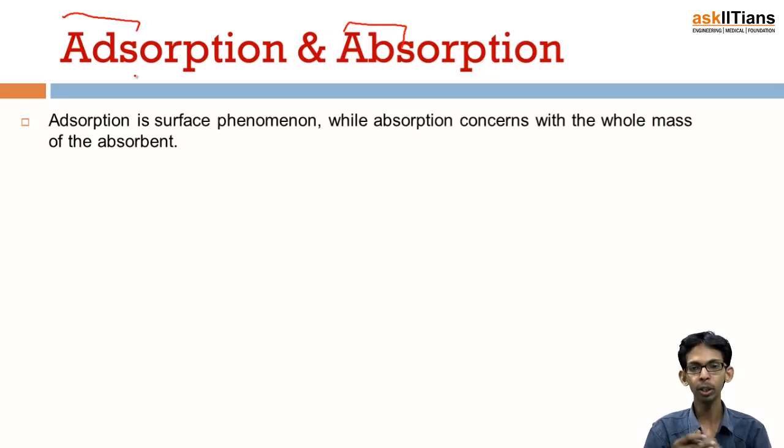Just like a sponge absorbs water molecules on its surface and in its bulk also. So absorption and adsorption are two different processes. In adsorption, the attachment takes place only on the surface and not in the bulk, while in absorption the molecules are present throughout the bulk and on the surface also. So adsorption is a surface phenomenon, while absorption is related with the whole mass of the absorbent.